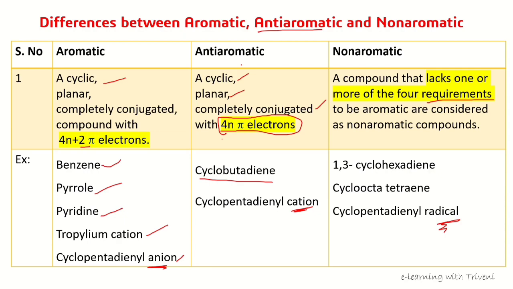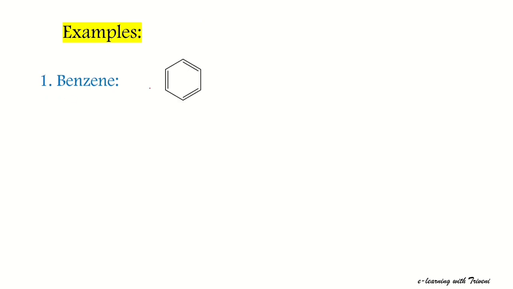Now, let me explain by taking examples. We will see the first structure, benzene. In benzene, how many pi electrons are there? Here 6 pi electrons are present, because one double bond indicates 2 pi electrons. Totally how many pi bonds are there? 3 pi bonds, which means it has 6 pi electrons.